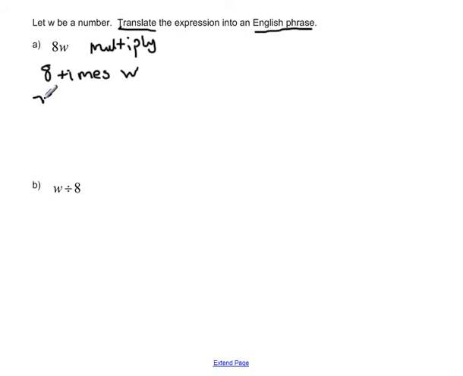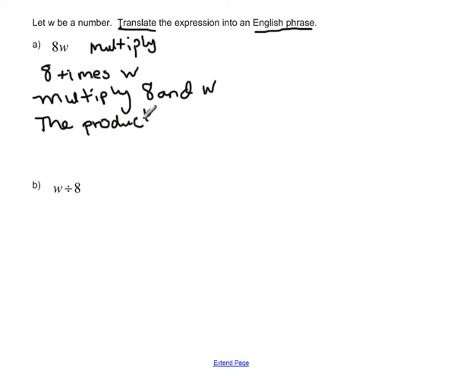We could say multiply 8 and W. And that would be another way to say it. Another thing we could do is we could use the official math word for multiplication, which is product. We could talk about the product of 8 and W.